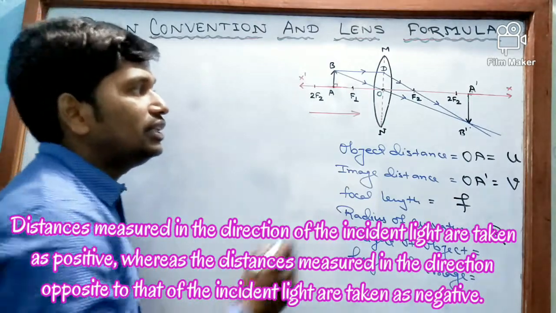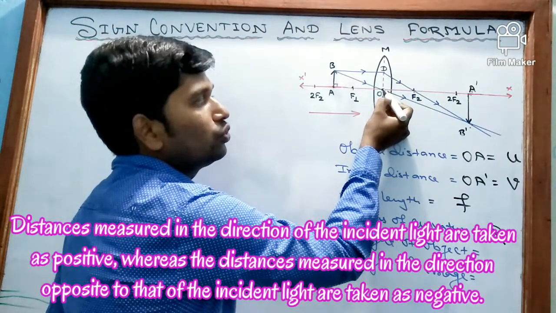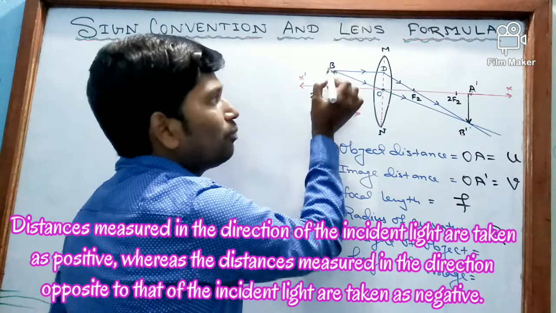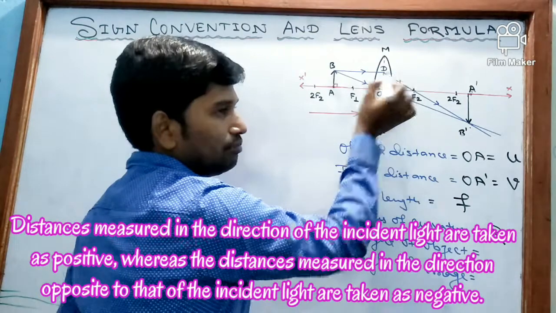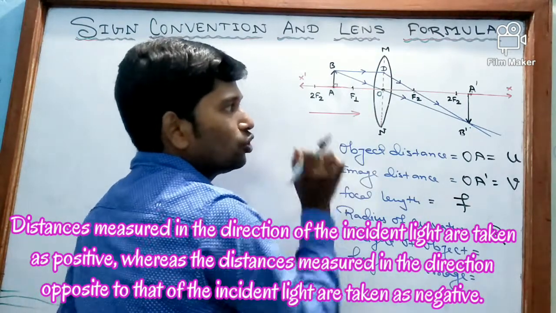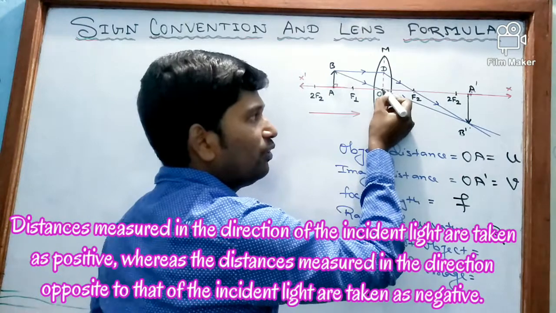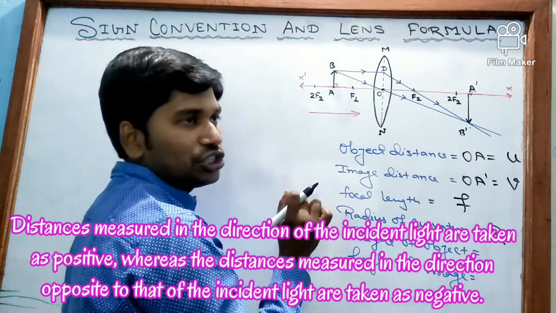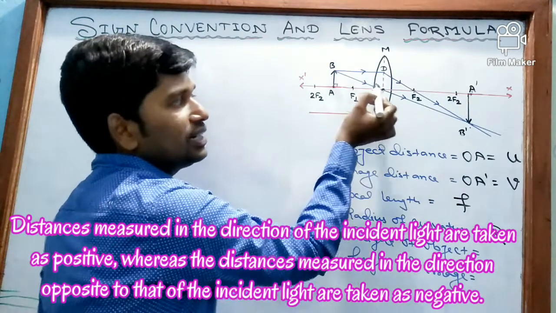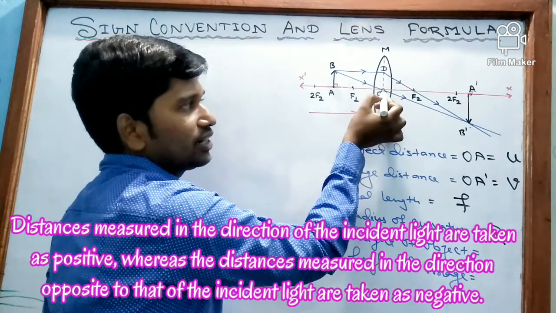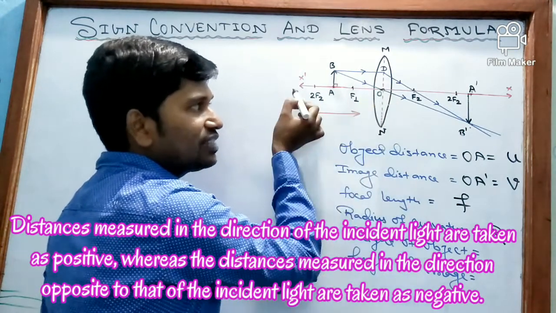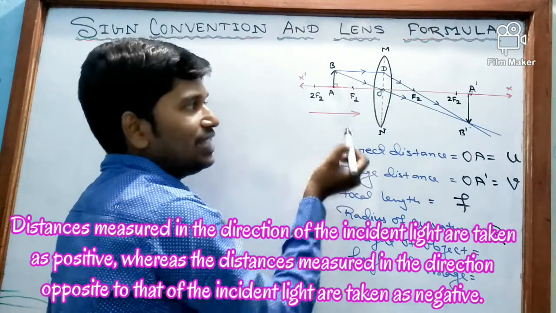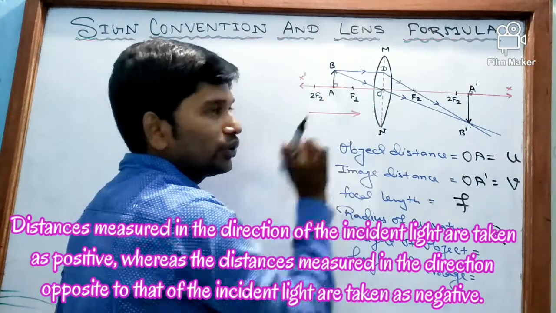See, the ray is incident from the object from left to right. So all the distances from left to right, in the direction of incident ray, are taken as positive, and the distances measured to the left side of the optical center will be taken as negative, as the ray is incident from left to right.